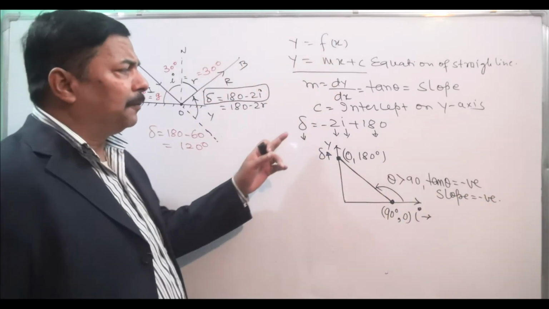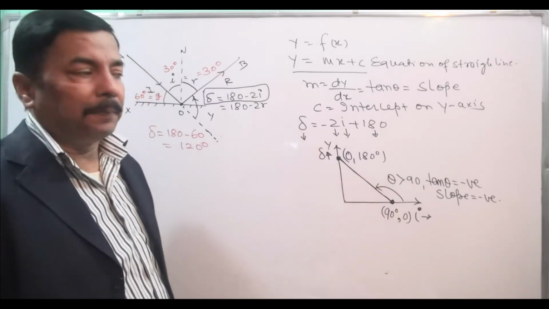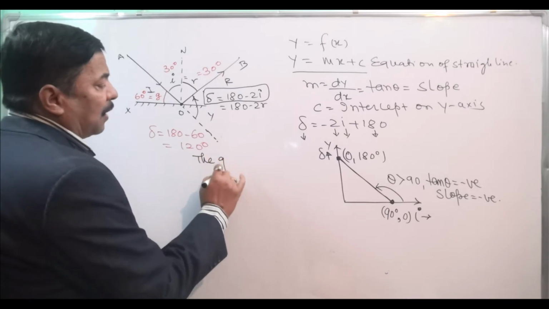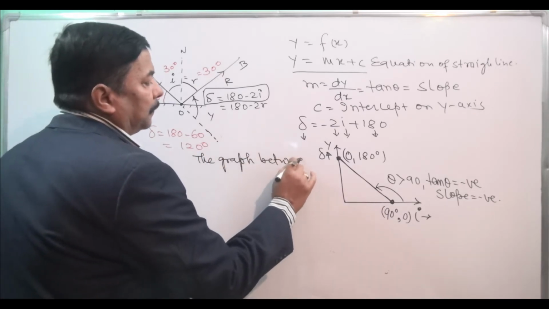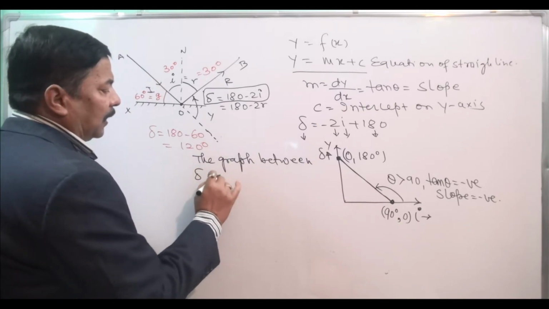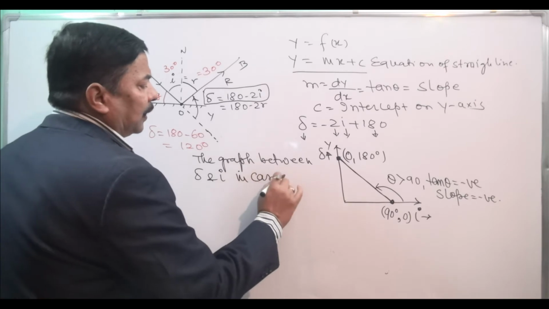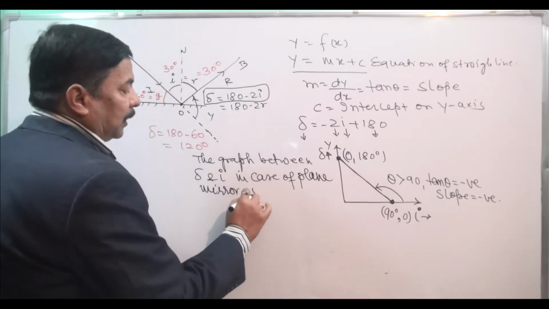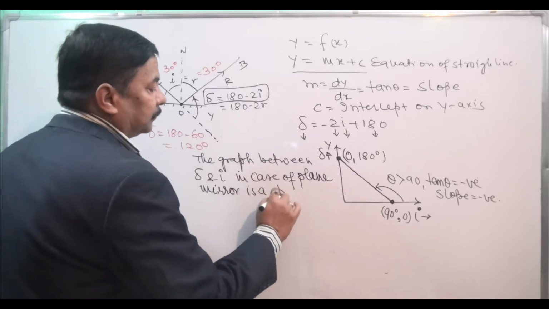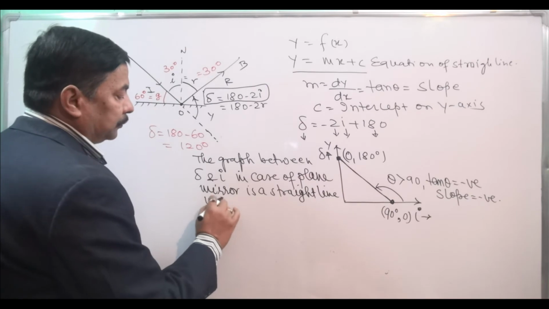So the graph between delta and I in case of plane mirror is a straight line with negative slope.